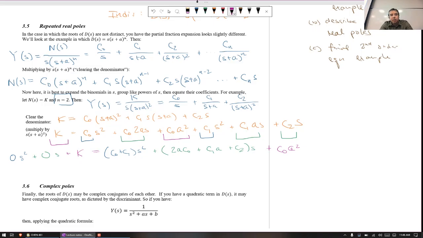So the equation for s squared becomes 0 on the left-hand side is equal to C0 plus C1. That has to be true. The equation for s to the first power is 0 equals 2a C0 plus C1 a plus C2. And the equation for the constant term is k equals C0 a squared.